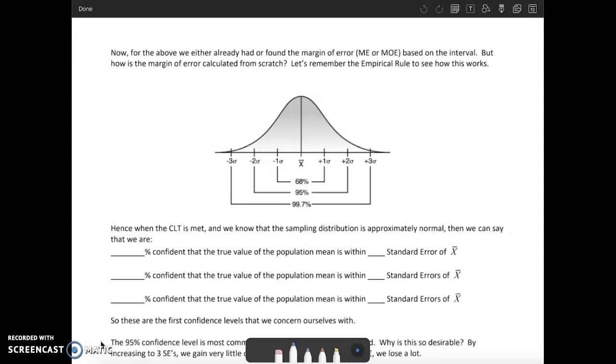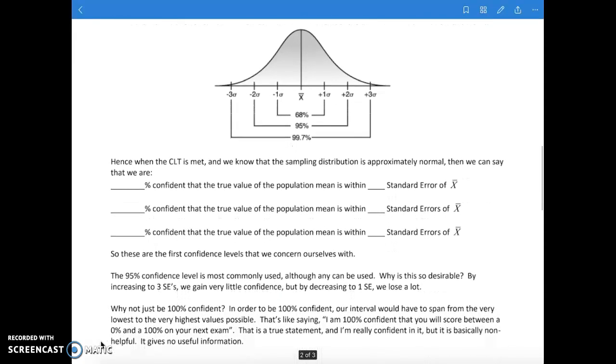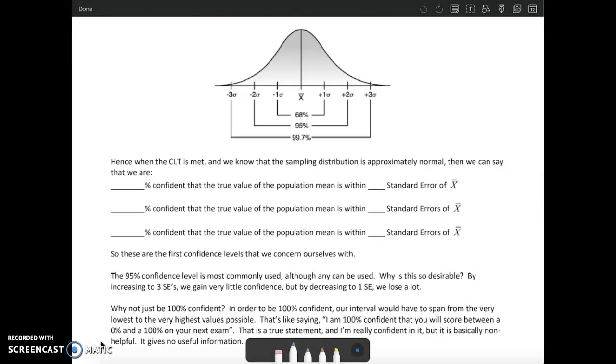As a reminder for the empirical rule, if you have your mean in the center, or if you have met the central limit theorem, so if you know already that you are dealing with a symmetric normal distribution, then you know the following are true. 68% of the values fall within one standard error of the sample mean.